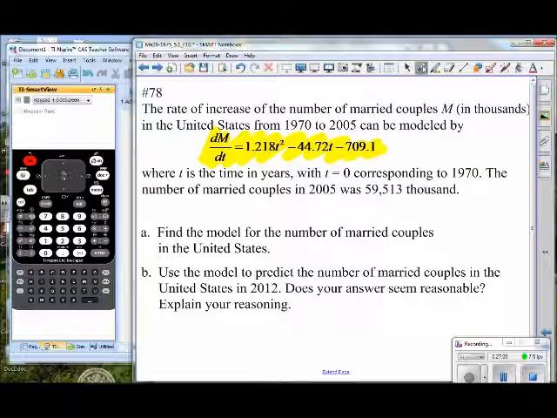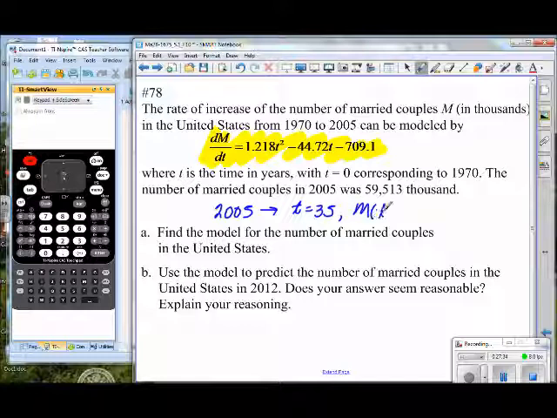We're given the information that in 2005, the number of married couples was 59,513,000. So let's see. First of all, in 2005, that corresponds to T equal to 35 years since 1970. So T equals 35. M of T is our 59,500.